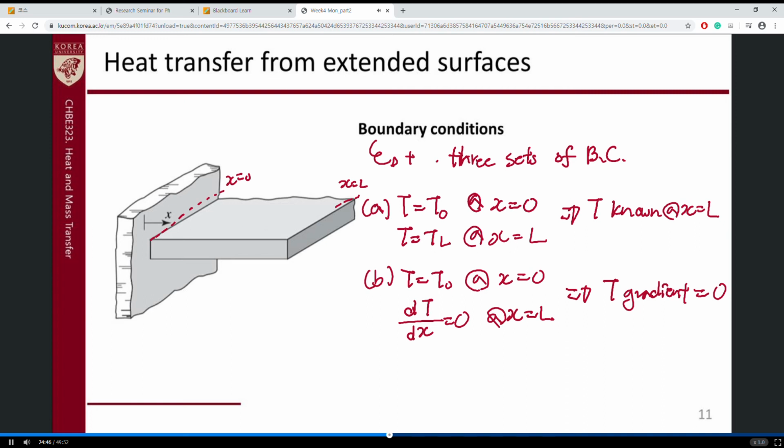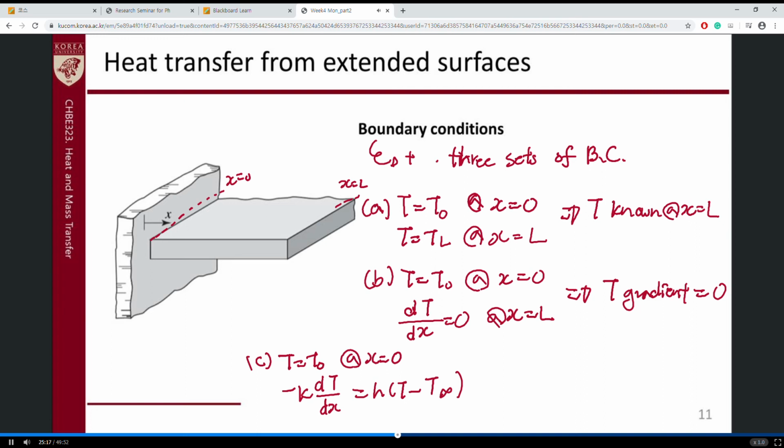Okay. For the third case, let's say set C. For the third case, the first condition is also the same: T equals T0 at x equals 0. Second is minus k dT with respect to x equals h (T minus T infinity) at x equals L. What does that mean?